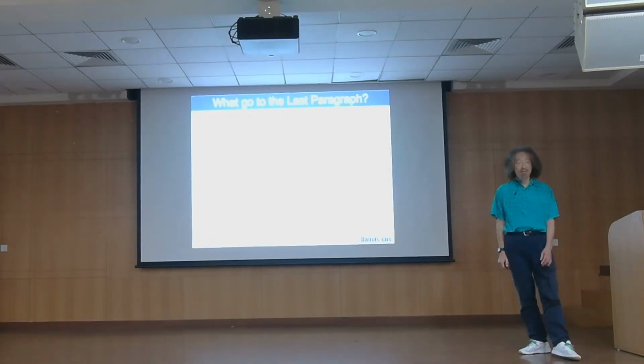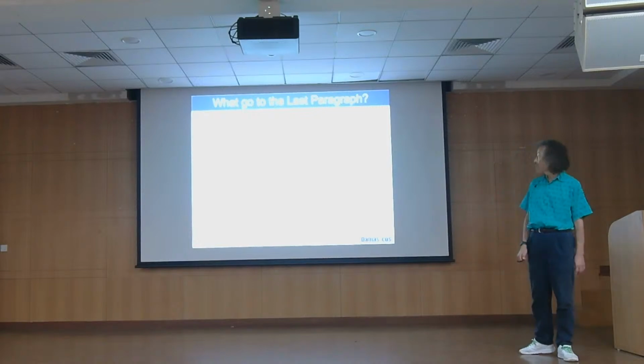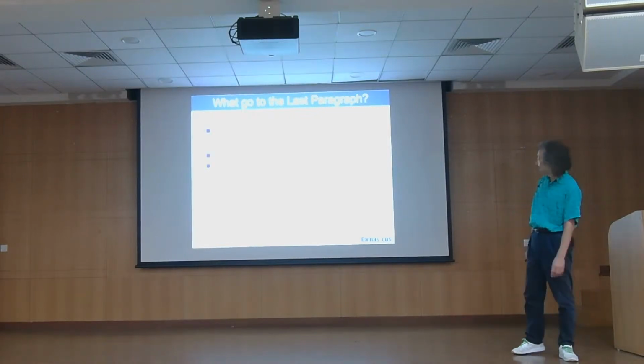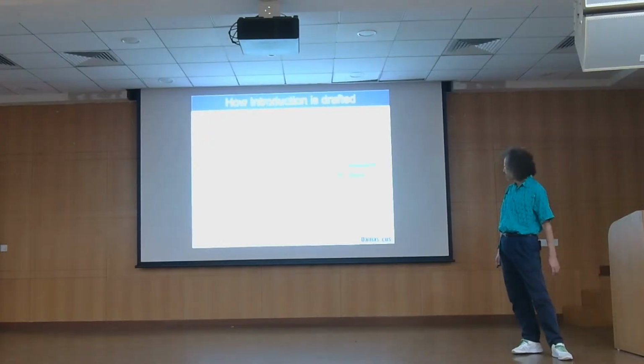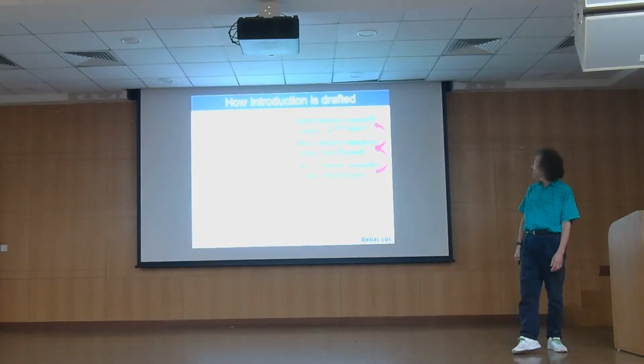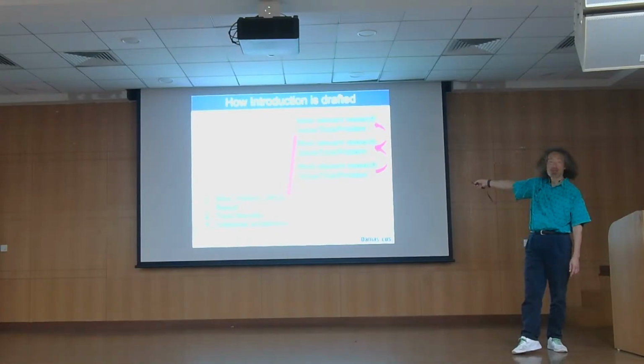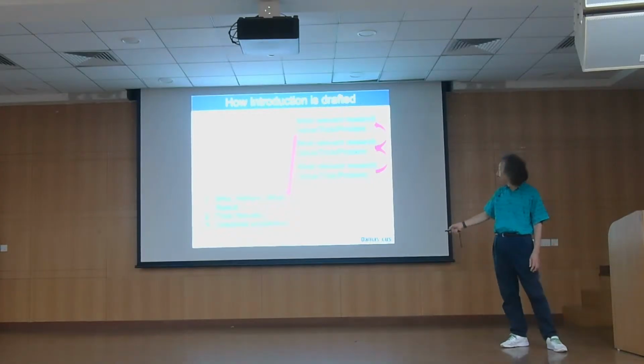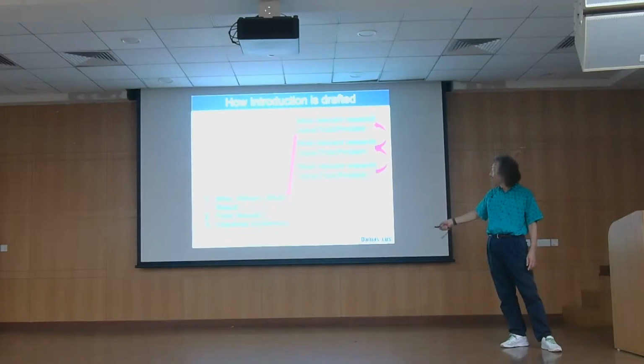First of all, there is a topic sentence. You already have it. And then you describe the contents of the sections of your paper. If you follow this rule, your introduction should look like this. Starting with the second to the last paragraph, you go back to the previous paragraph describing the 3 points of the conventional literatures.